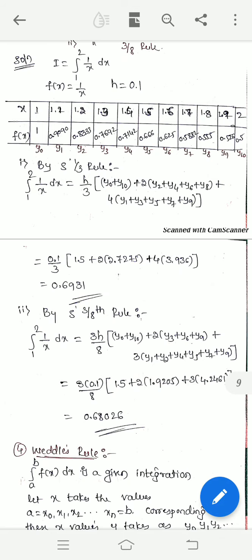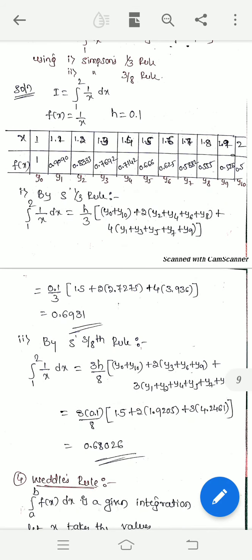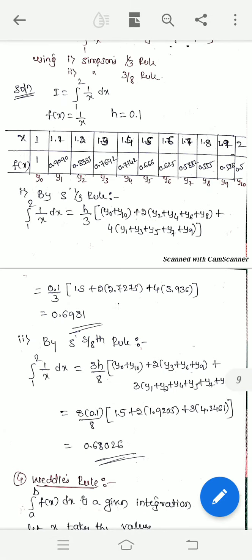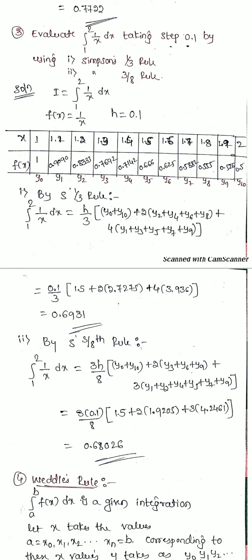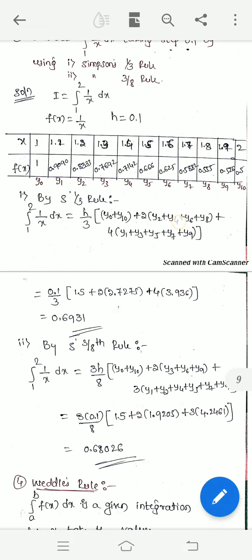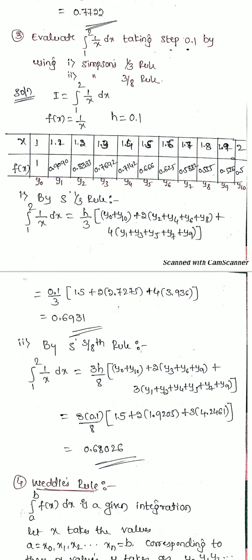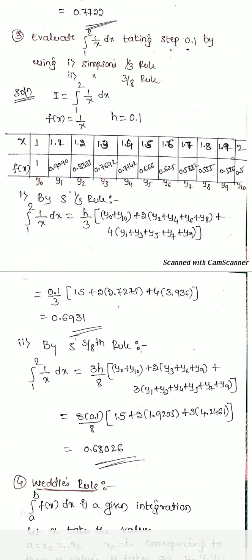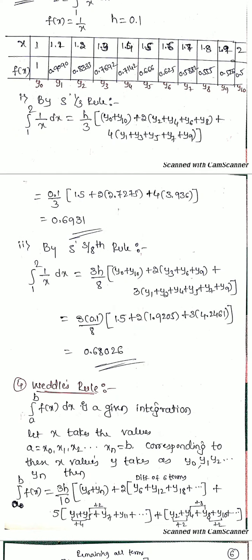The integration from 1 to 2 of 1 by x dx is equal to h by 3 into y0 plus y10, the first term plus the last term, plus 2 into the even terms y2 plus y4 plus y6 plus y8, plus 4 into the odd terms y1 plus y3 plus y5 plus y7 plus y9. Okay, this is the formula. We are going to substitute all these values.